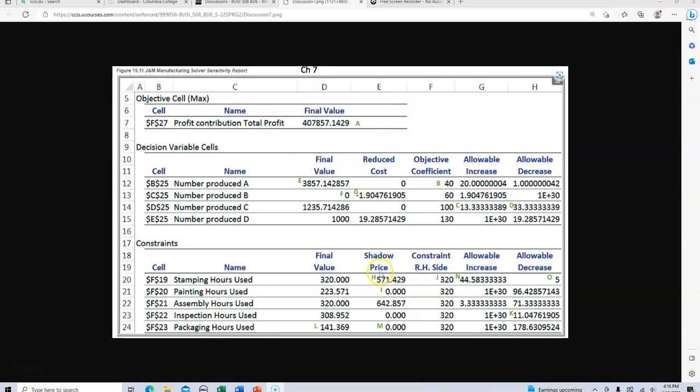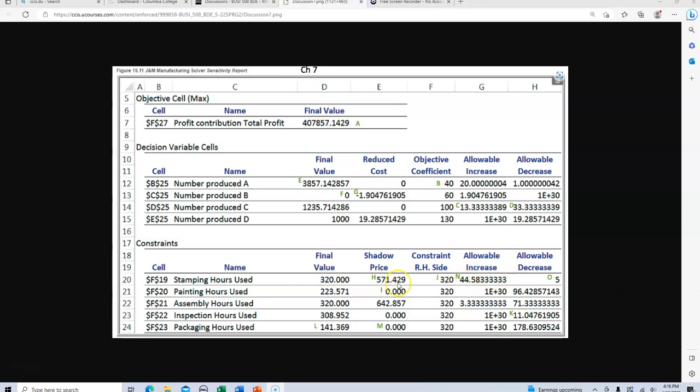The shadow price is telling you that if I have 1 additional hour, the value of the objective function is going to increase by $571.43. And I can increase the number of hours by up to 44 more hours.